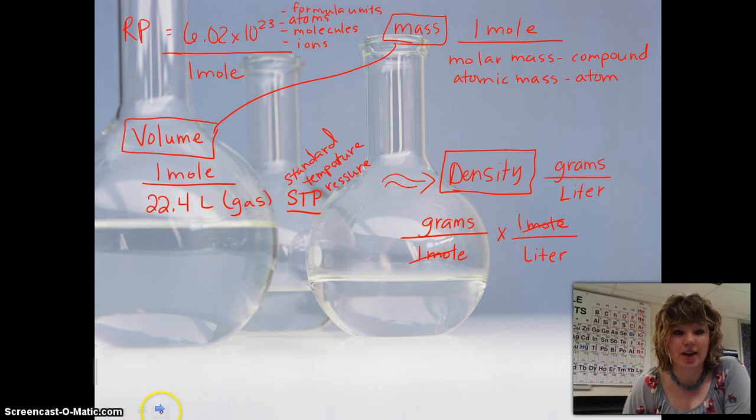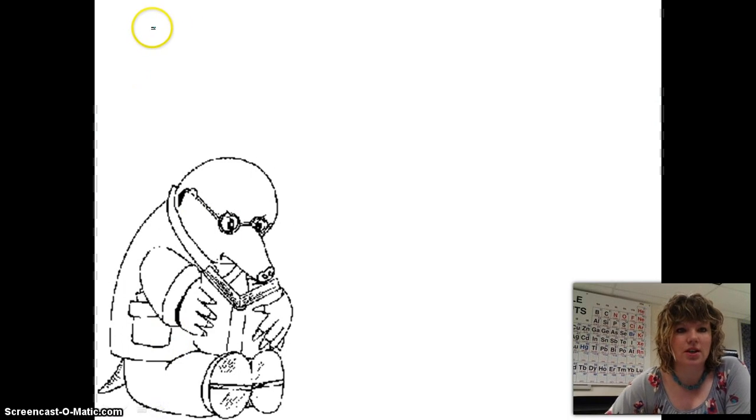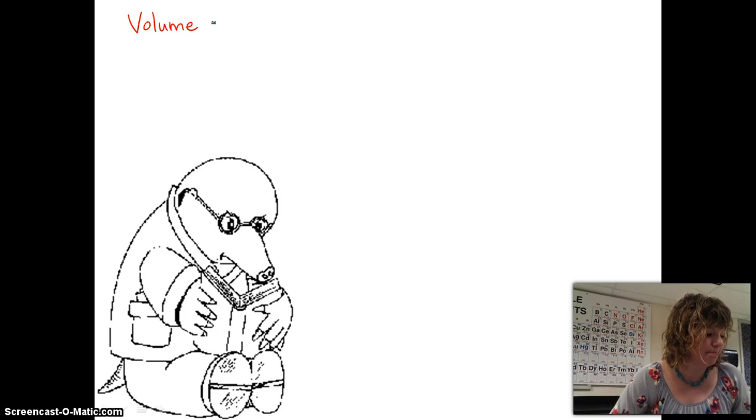Okay, so let's go ahead and do a couple examples of our new volume conversion factor. Let's just start off with an easy example. The one here in your book on page 301 is sulfur dioxide.